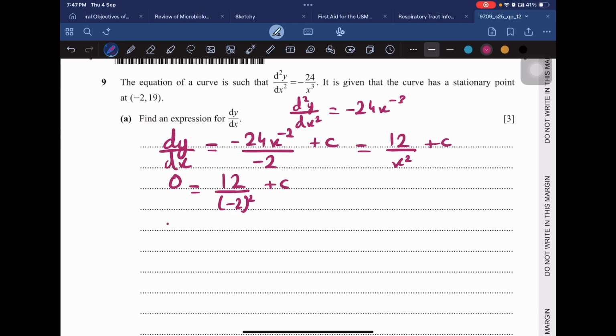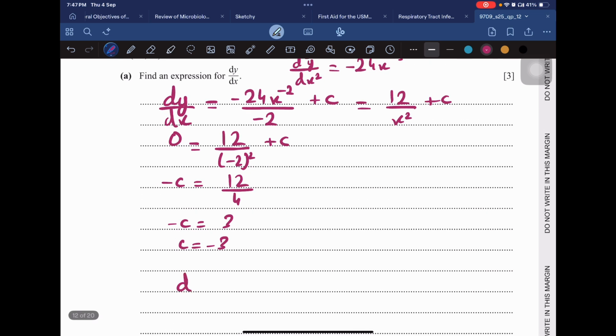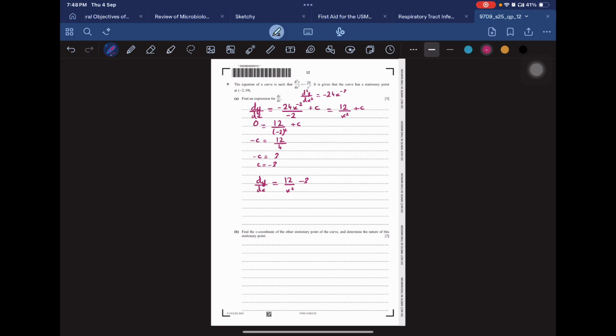I can shift c to the left, so negative c equals 12 upon 4, negative c equals 3, c equals negative 3. That means that dy over dx is equal to 12 upon x squared minus 3.